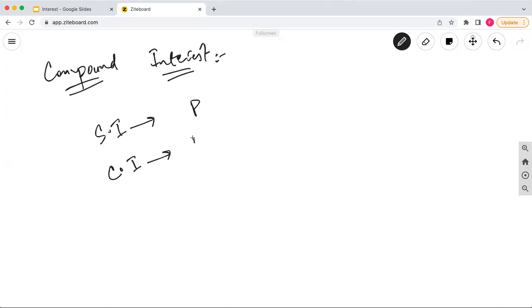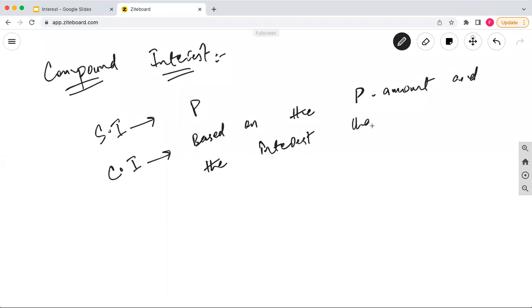It is based on principal amount and the interest that accumulates on it in every period.